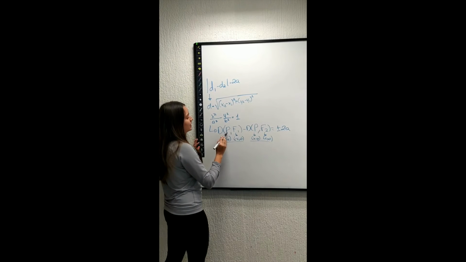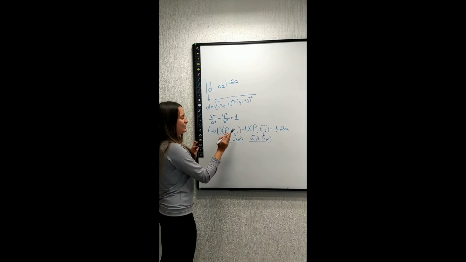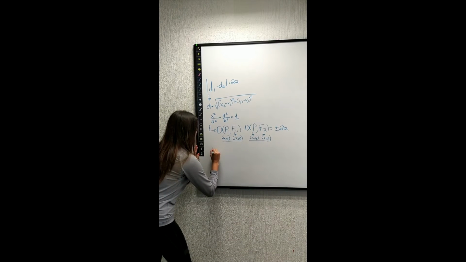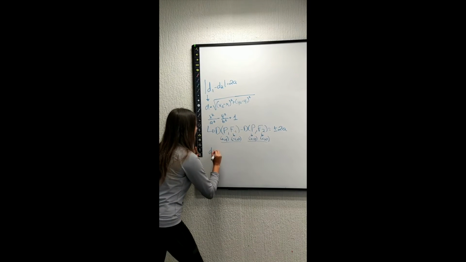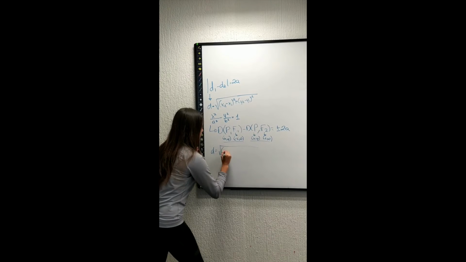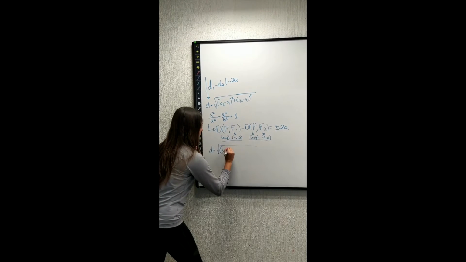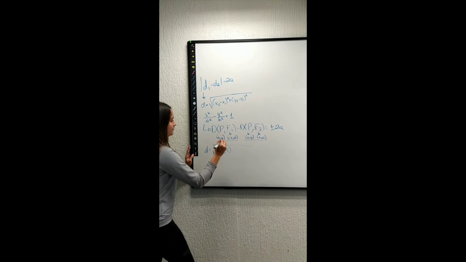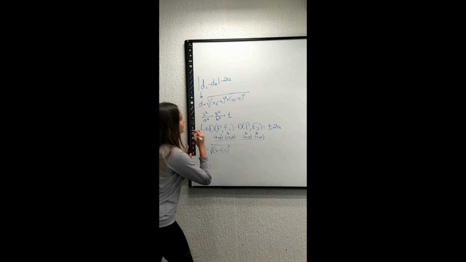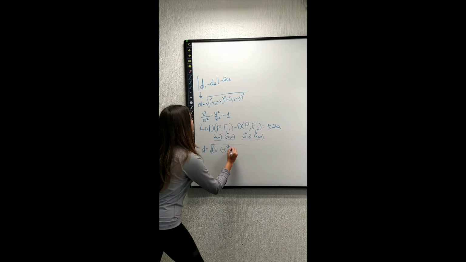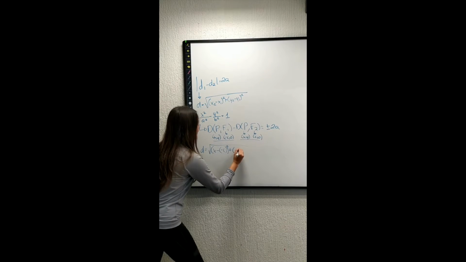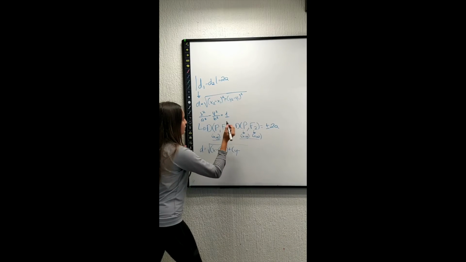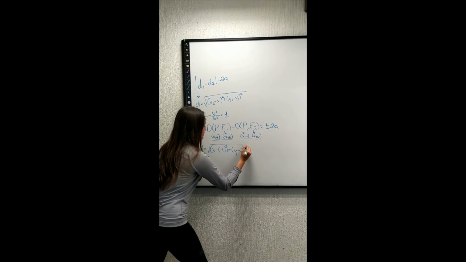We are going to compare the point and the focus 1. The distance of these 2 points is equal to the square root of x minus c, this one and this one, squared, plus y minus y1 squared.